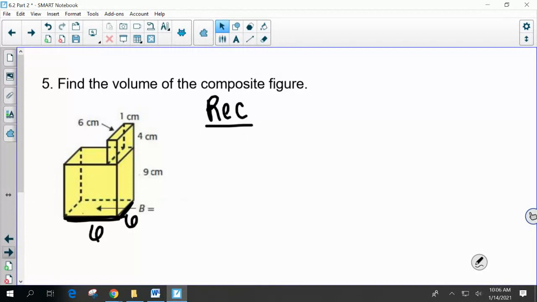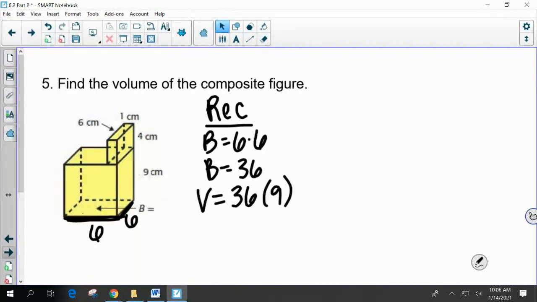So for the larger rectangle, capital B would equal 6 times 6, 36. And then what other number would I use with that? 9. So my volume would be 36 times 9, 324.